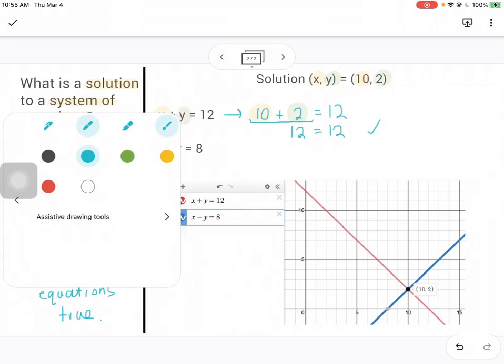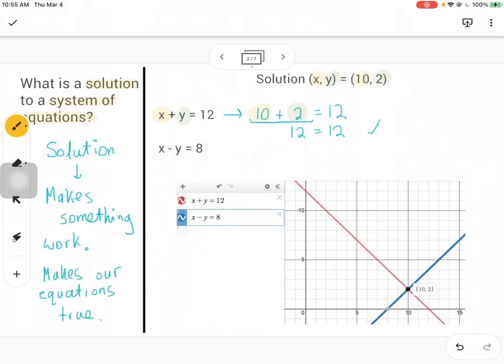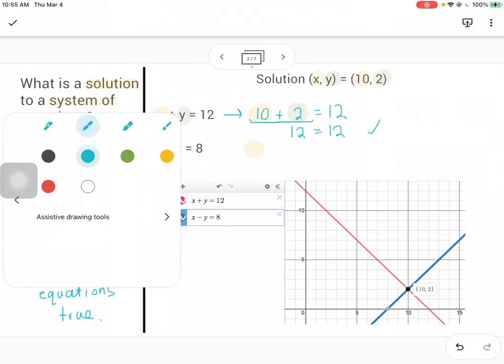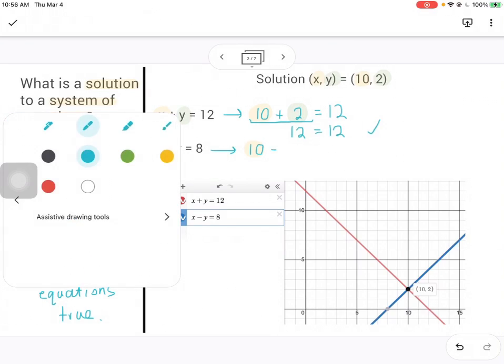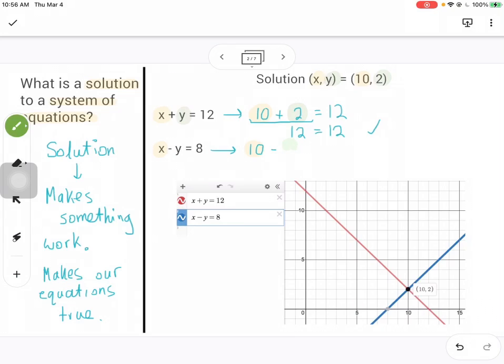Let's check our other equation. Instead of x, I'm going to plug in 10 again, minus, instead of y, I'm going to plug in 2, equals 8. 10 minus 2 is 8, and 8 equals 8.